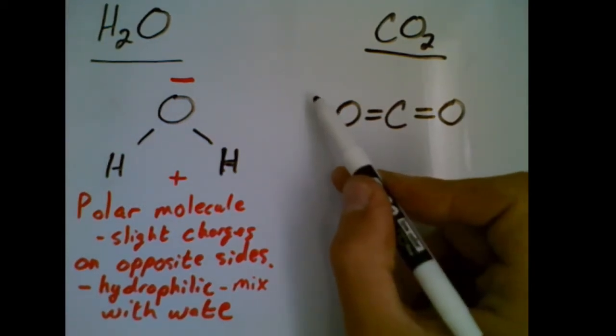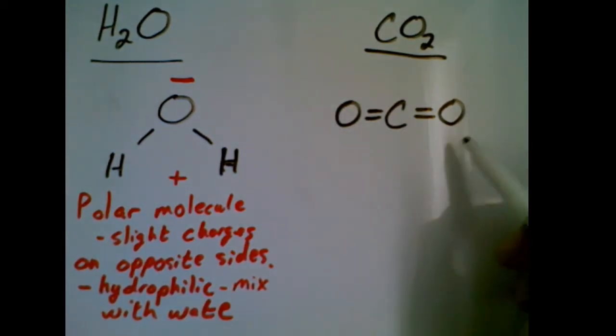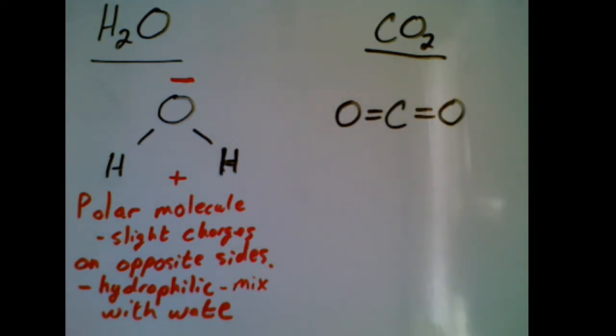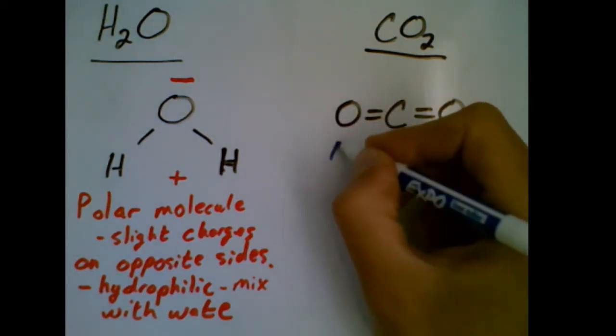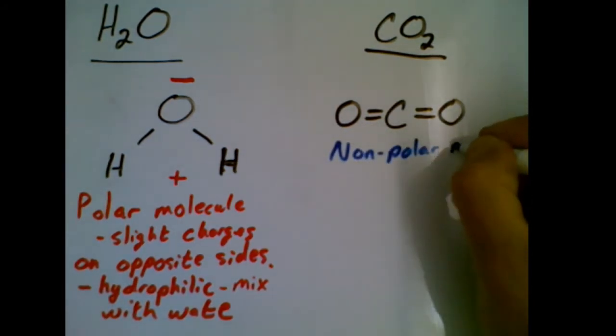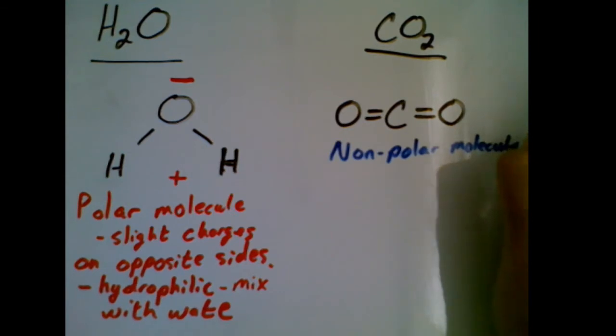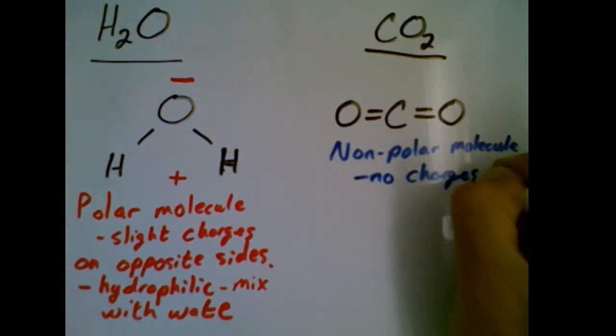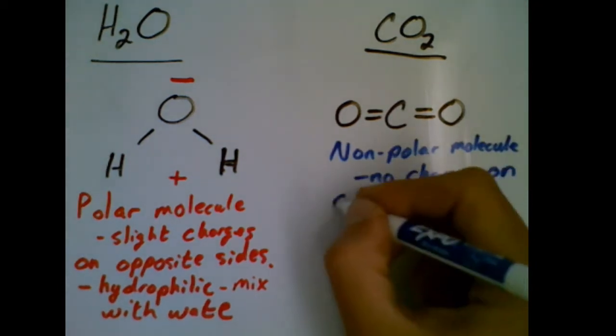And so it means there is no positive or negative on opposite sides. It's actually the same all the way around. This is what we would call a non-polar molecule. It has no charges on any side.